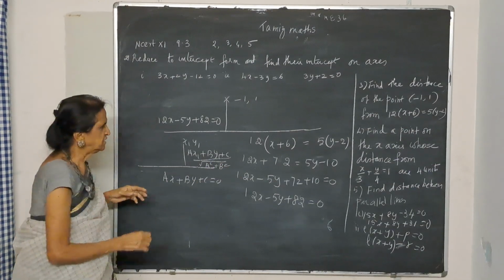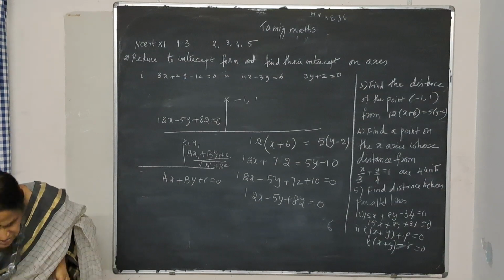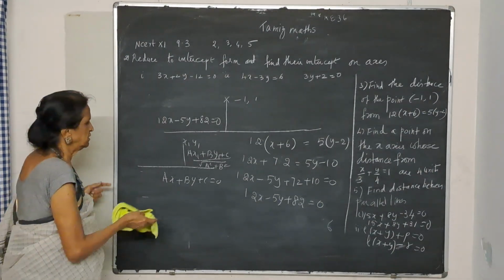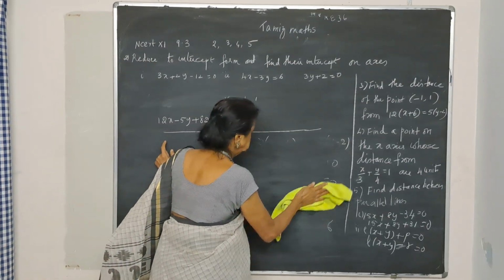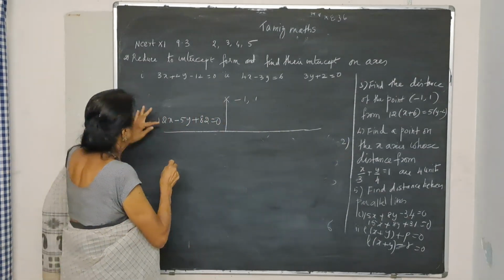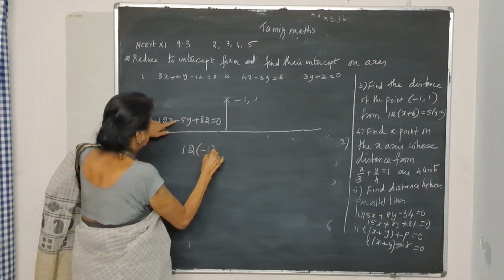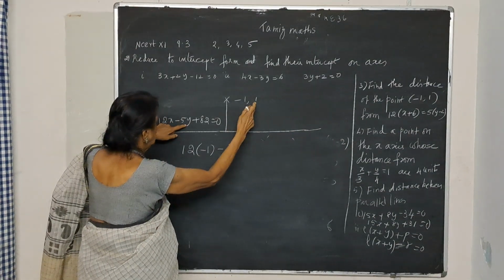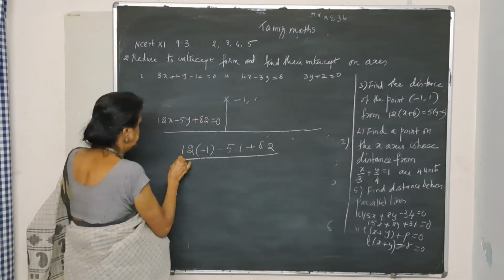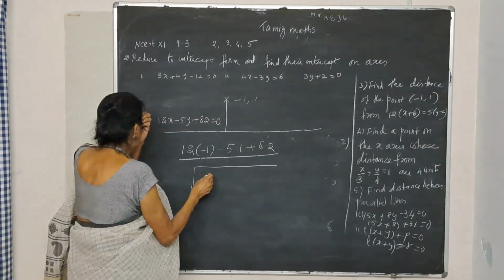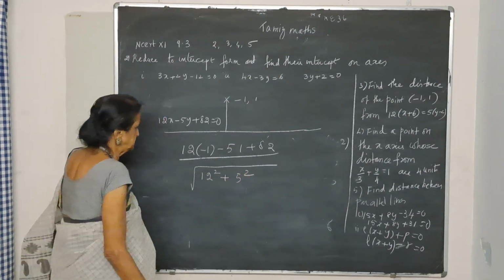Now let's see what will be the distance from the point minus 1, 1 to this line. It will be 12 into minus 1, minus 5 into 1, plus 82, by root of 12 square plus 5 square.